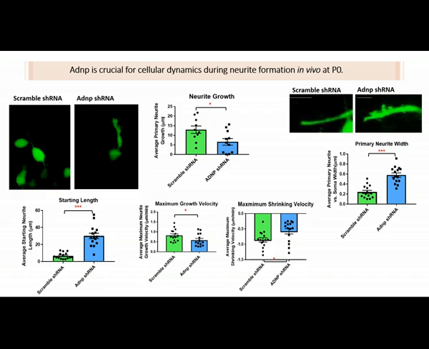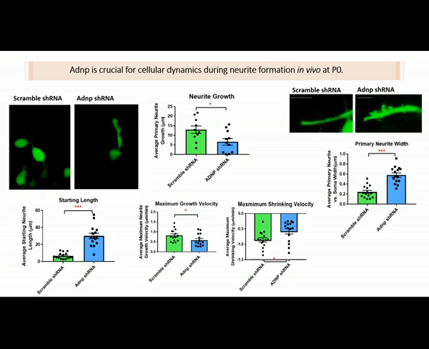To analyze the effect of ADNP deficiency on neurite initiation, we performed ex vivo live imaging. We did in utero electroporation at E15.5 and performed live imaging on brain slices at P0, when the postmitotic neurons have just reached the cortical plate and start neurite initiation there.